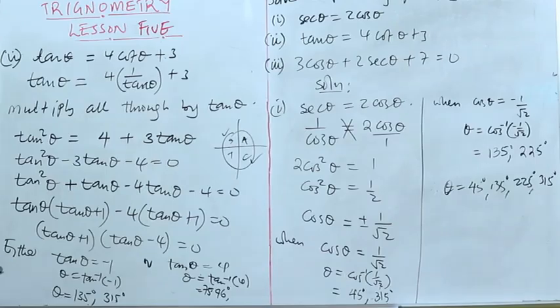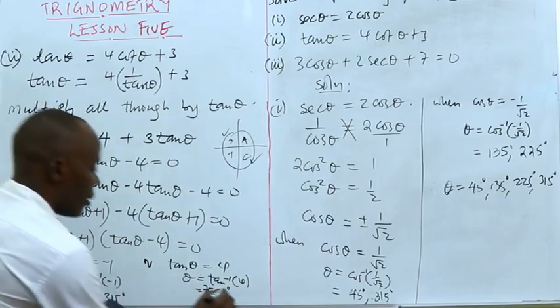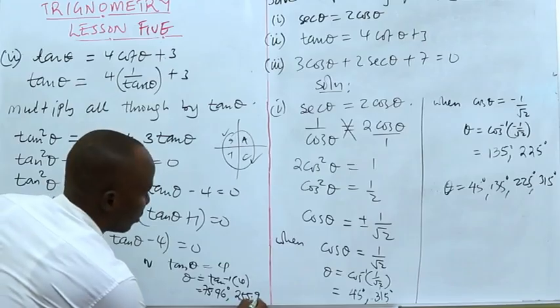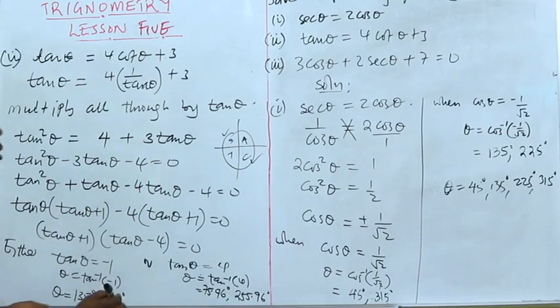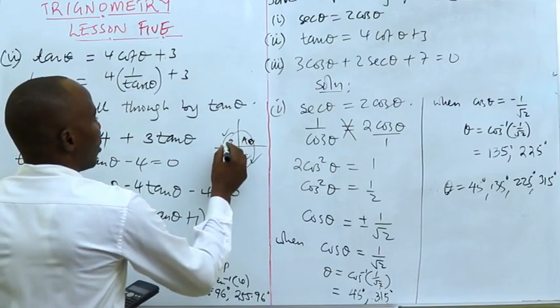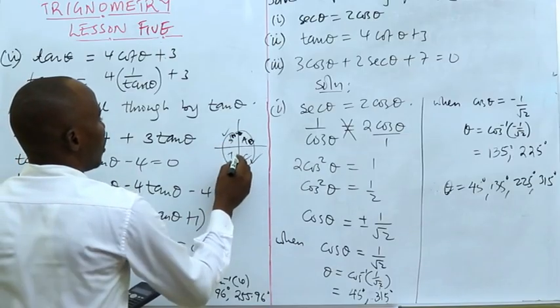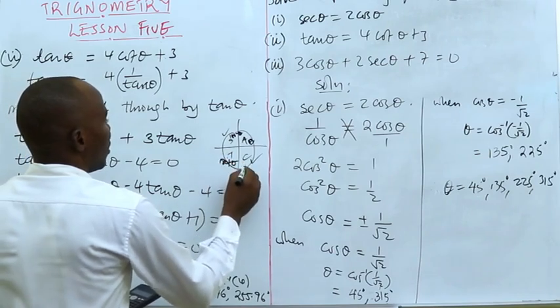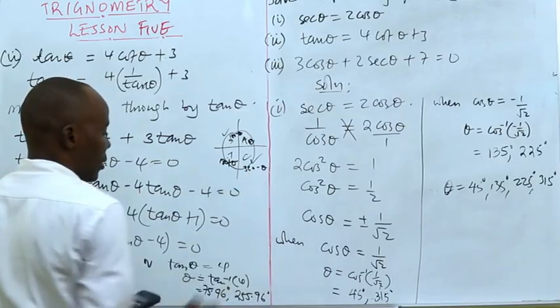You get 180 and add on that answer, because according to the addition formulas, that's how you're supposed to do it. Remember, we have a theta here, then we have 180 minus theta, 180 plus theta, and 360 minus theta.